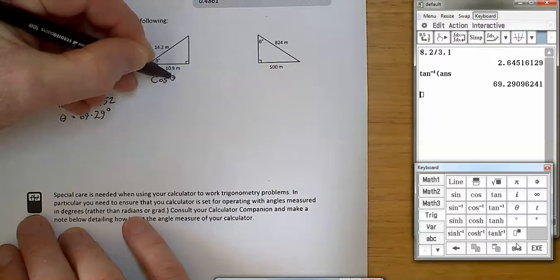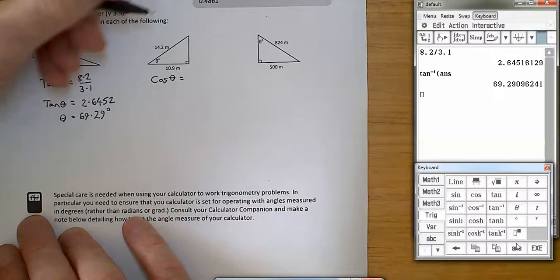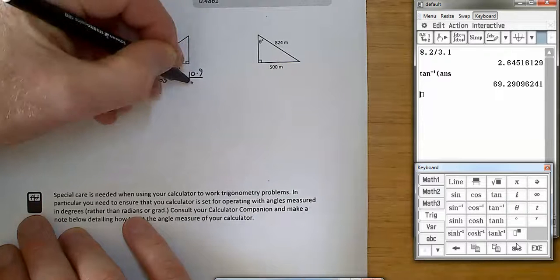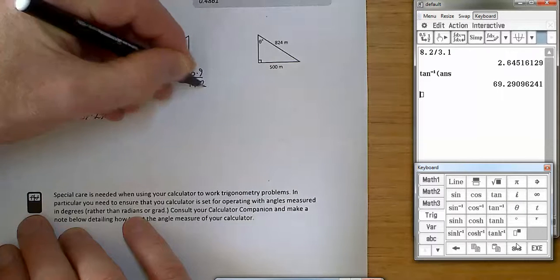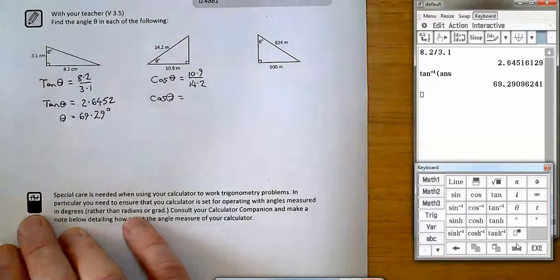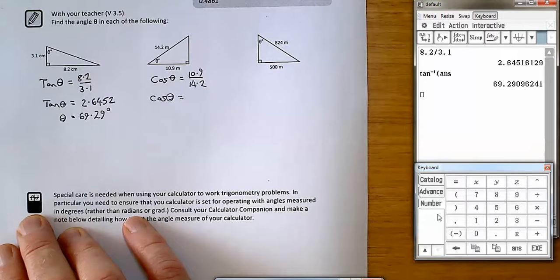So that means the cosine of our angle theta equals adjacent over hypotenuse, 10.9 divided by 14.2. I'm going to change that 10.9 divided by 14.2 into a number simply by going 10.9 divided by 14.2.